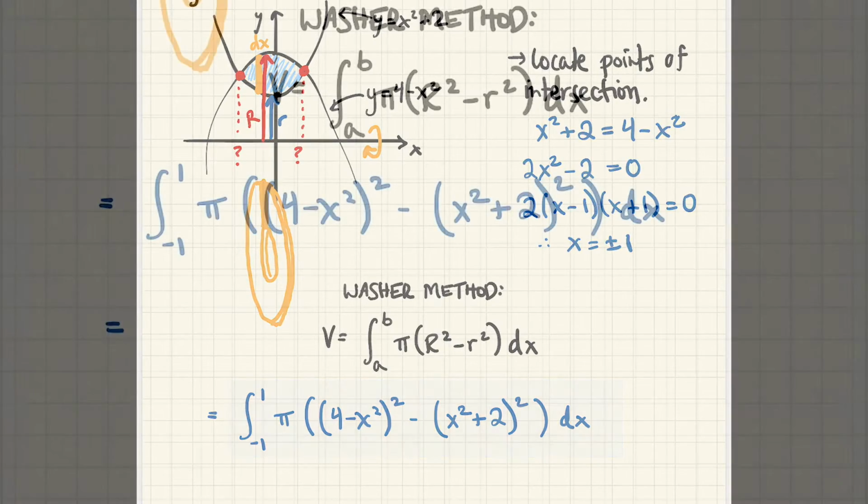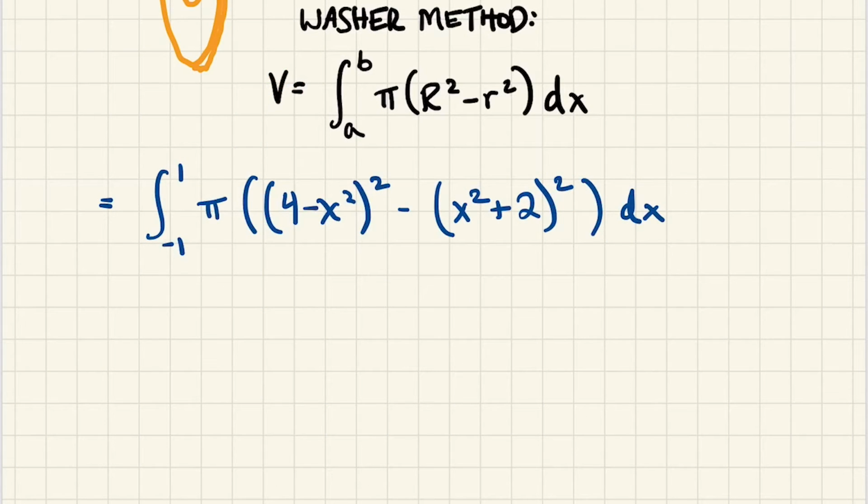And once again, if this were a setup only problem, that would be the best place to stop. Okay, we noted earlier that these were both even functions, so we can double our answer and integrate from 0 to 1 instead of -1 to 1. And let's also FOIL out all of this nonsense.